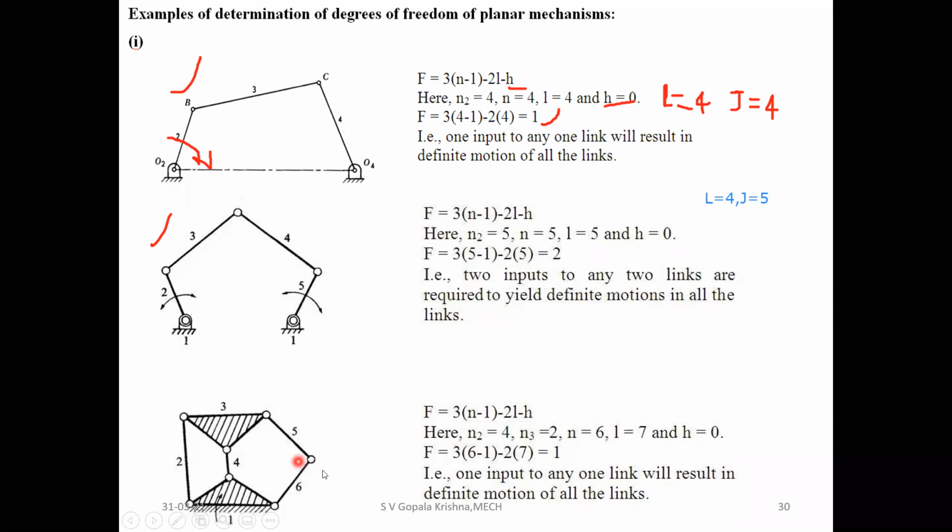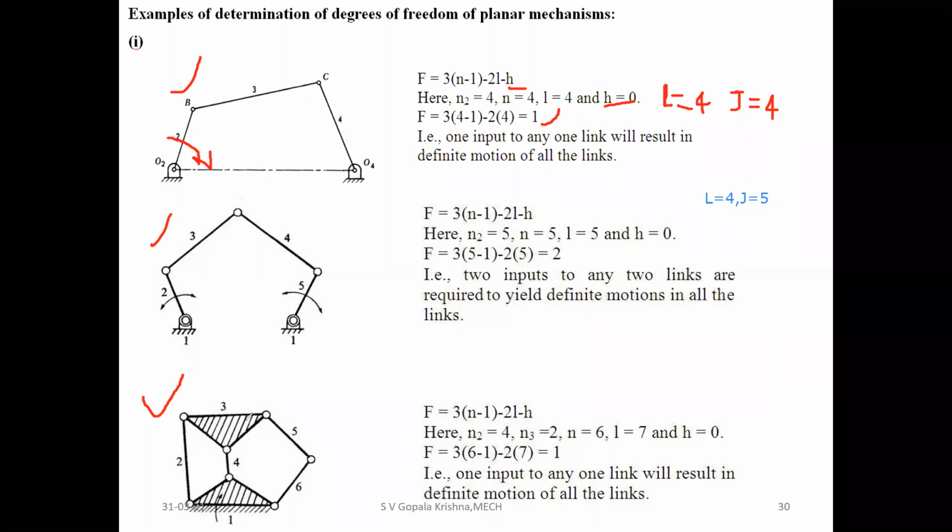Now how many links are there? Here the problem is going to be tough. All of you observe. Why? Because the types of links are also varying here. A ternary link has arrived. This is a ternary link and this is a ternary link.